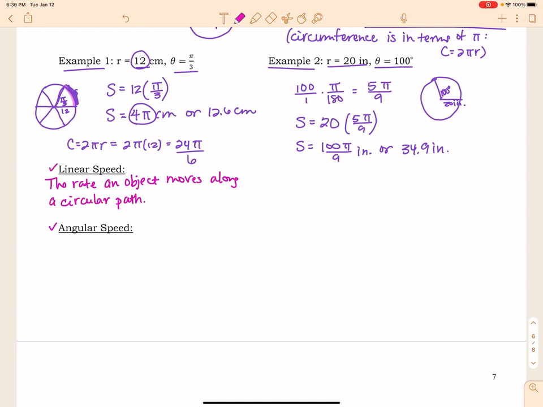Okay, so if I've got a circle here, and let's say I've got this central angle theta, and I want to know the speed at which an object would move along this path. So I am going to define this path right here as S, and that S, of course, is going to be the arc length.